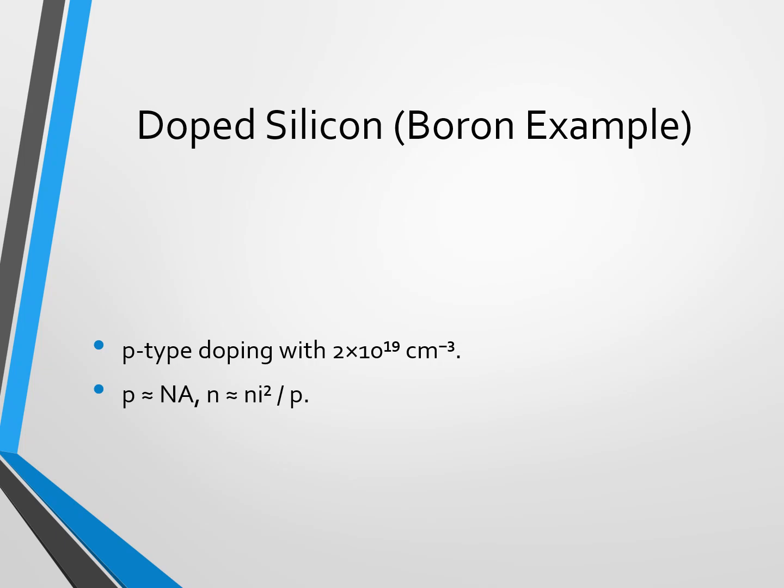The electron concentration becomes extremely small because n equals ni squared over p. This means electrons barely contribute to conduction at all. Holes dominate everything. The strong p-type behavior is what we use in making p regions of diodes and transistors.